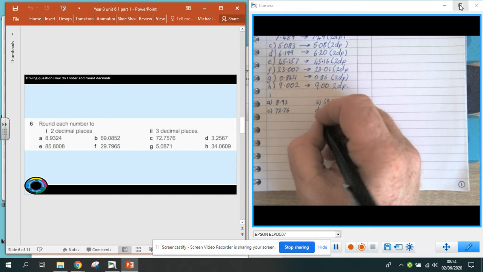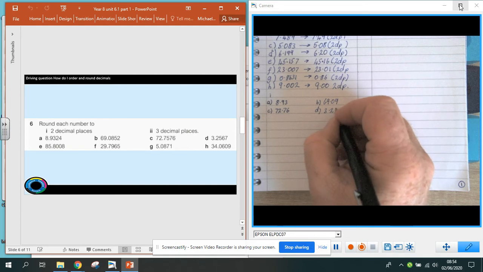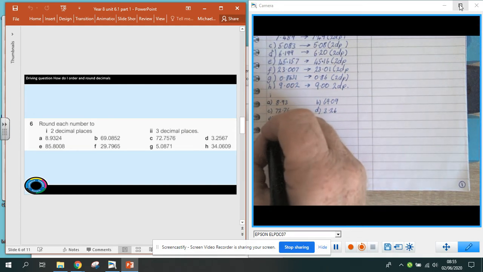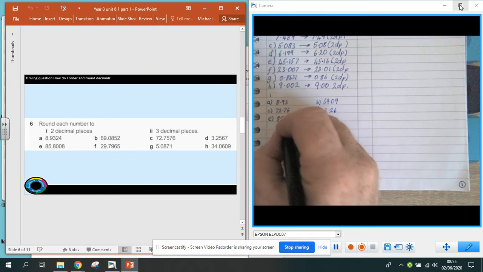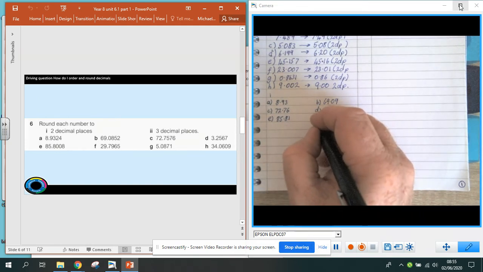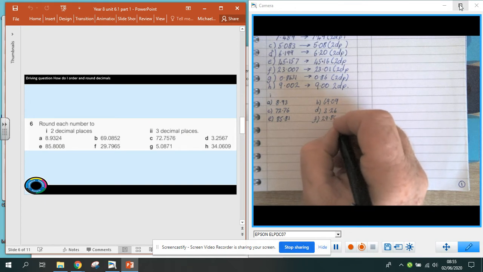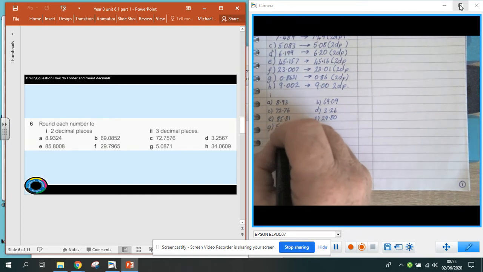D is 3.26. E is 85.81. F is 29.80. G is 5.09.